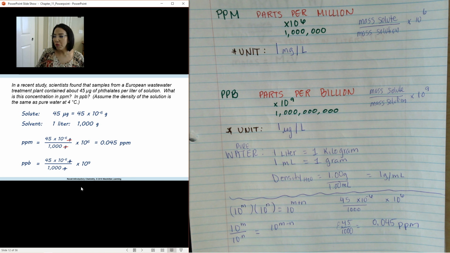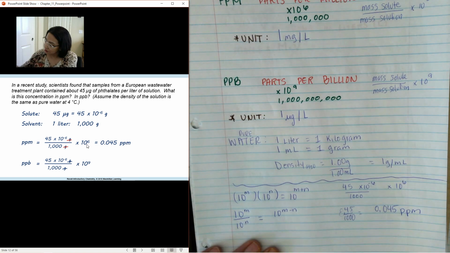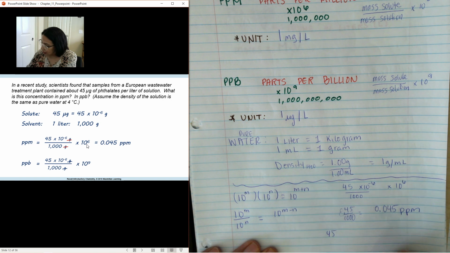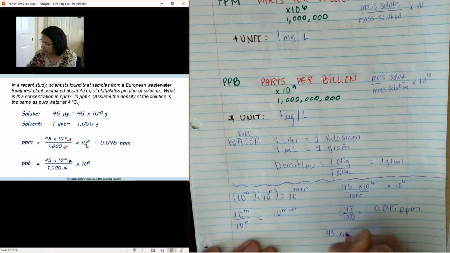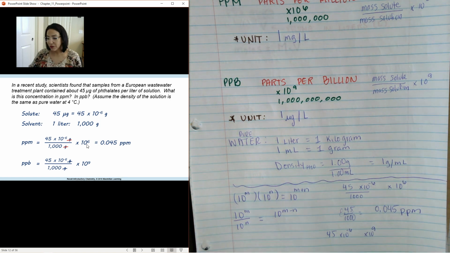Right. To calculate the parts per billion, same principle. Instead of multiplying it by 10 to the 6, we're going to multiply it by 10 to the 9. So I get 45 times 10 to the negative 6 times 10 to the 9. I'm going to take negative 6 and 9, so take 6 away, that gives me a 3.